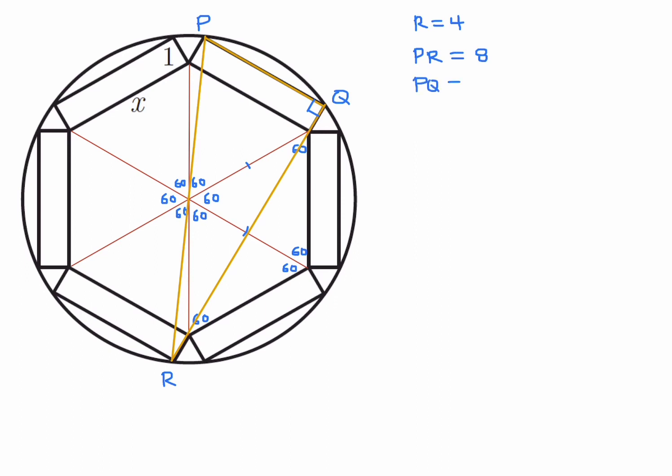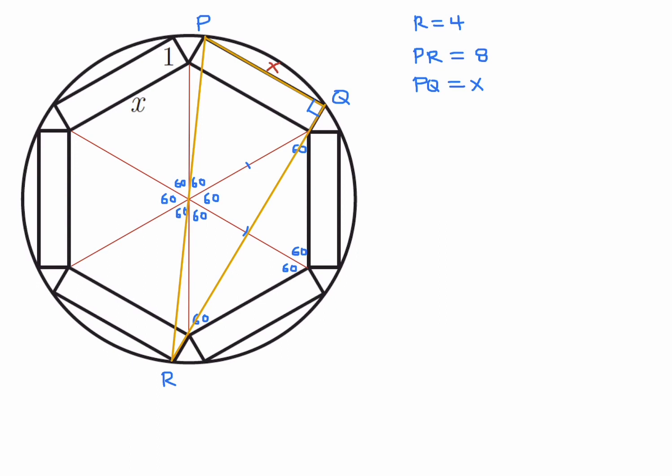And then PQ is equivalent to our x, which is what we have to solve for in this question. So immediately in this right triangle, PQR, I know that PQ is x, and PR I actually have the numerical value of 8.